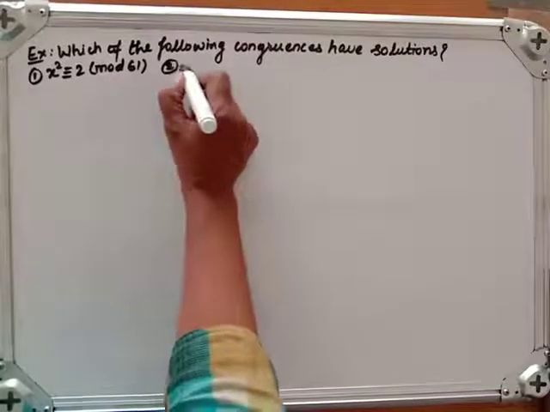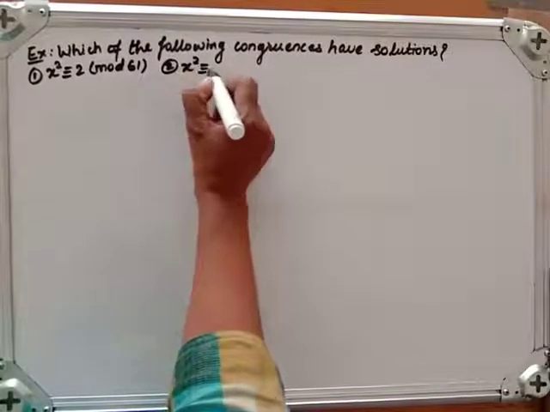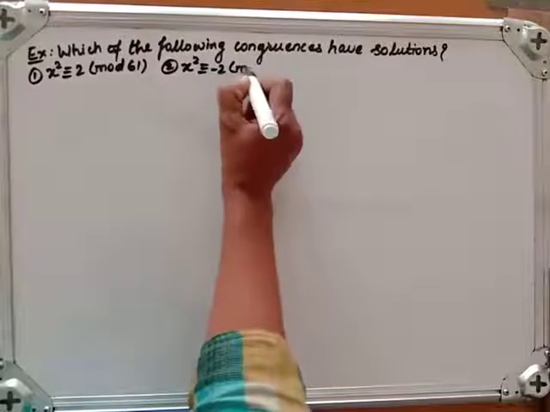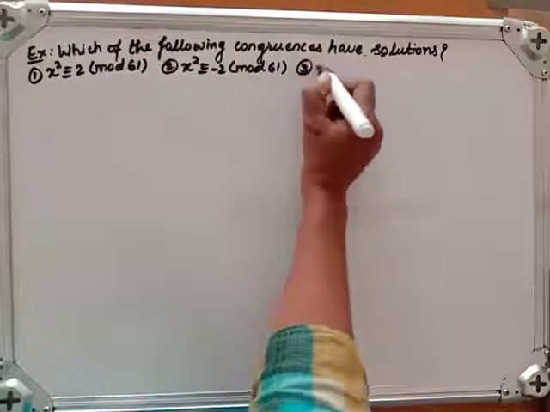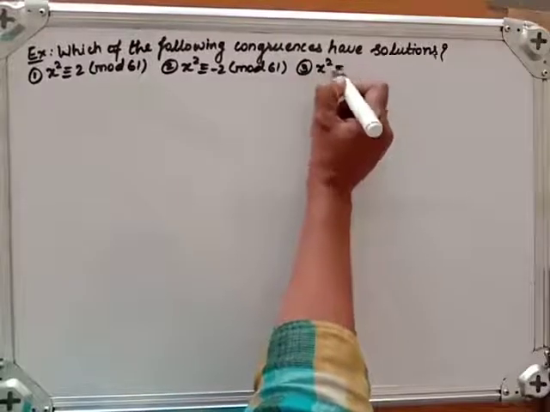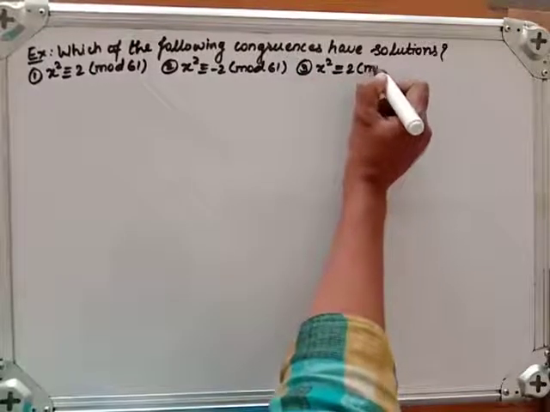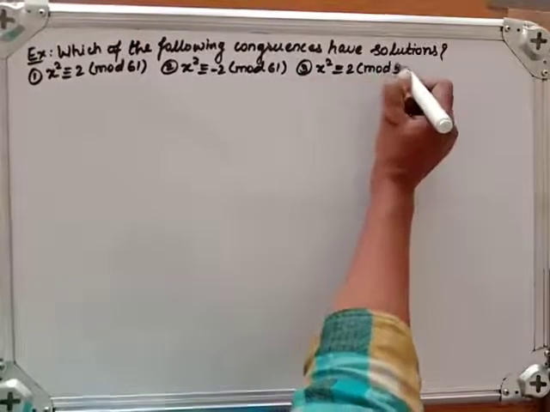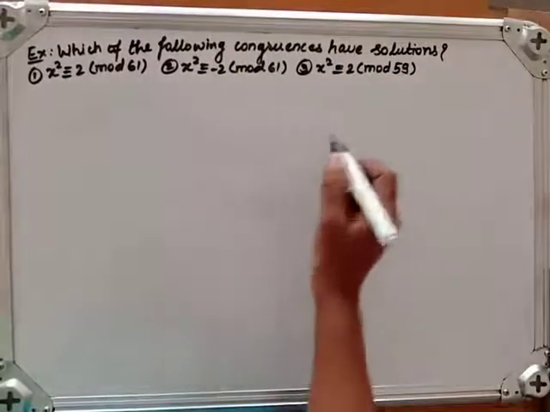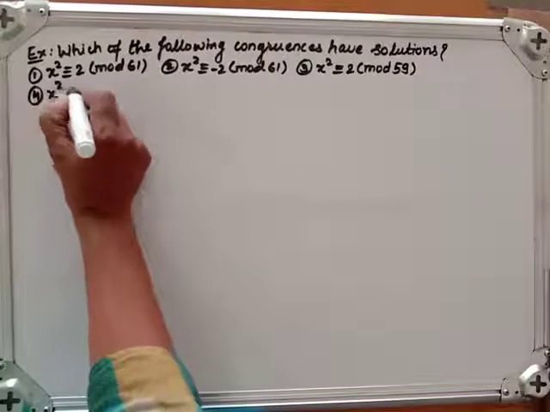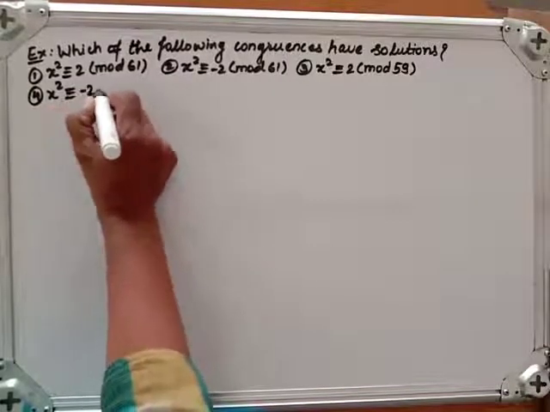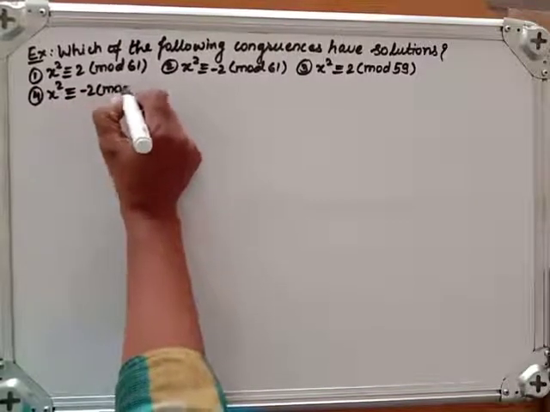Second, x squared congruent to minus 2 modulo 61. Third, x squared congruent to 2 modulo 59. Fourth, x squared congruent to minus 2 modulo 59.